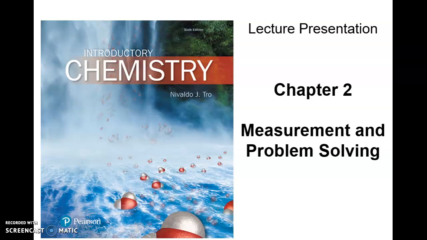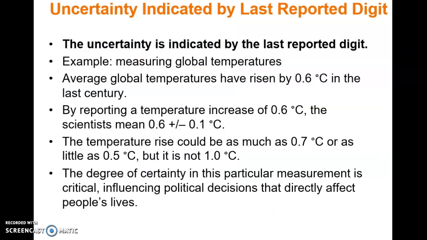Everyone. Today we're going to go over Chapter 2, Measurement and Problem Solving. The thing I want to tell you is that in a measurement, your last digit is your estimated digit. It's your uncertain digit.